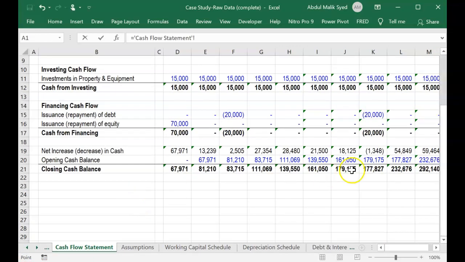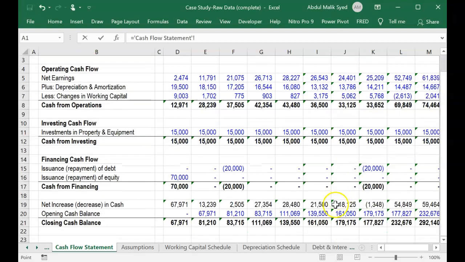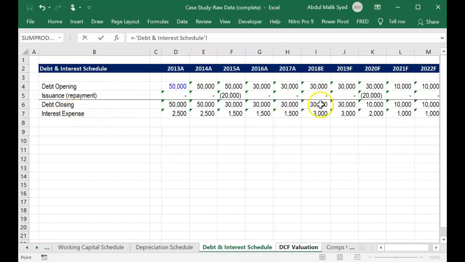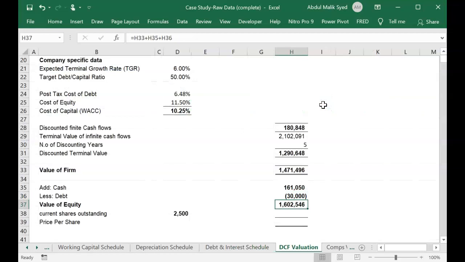Ending closing balance for 2018 is this. Then I need to remove debt. Debt you can get from the debt schedule, debt closing is 30,000. Then you have current shares outstanding.